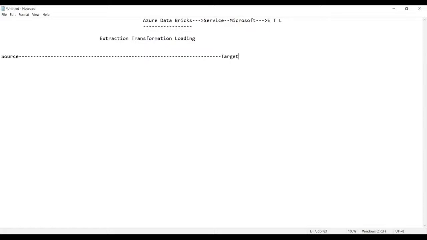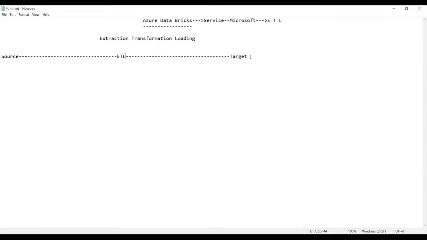You require the source and the target. Between the source and the target, we perform this job that is called ETL. Okay, everyone. So between the source and the target, we perform the job of ETL, that is extraction, transformation, and loading.